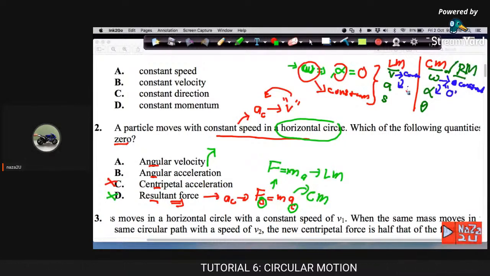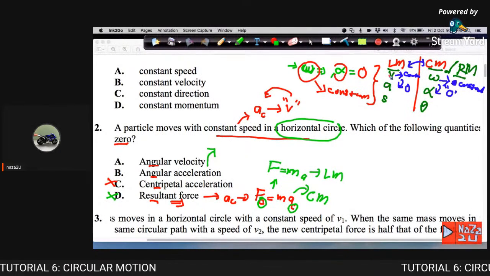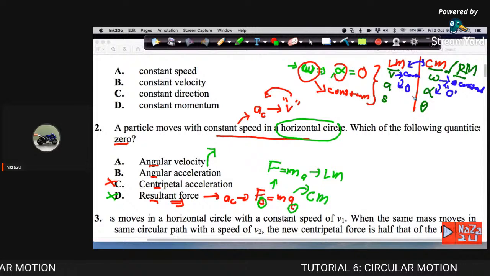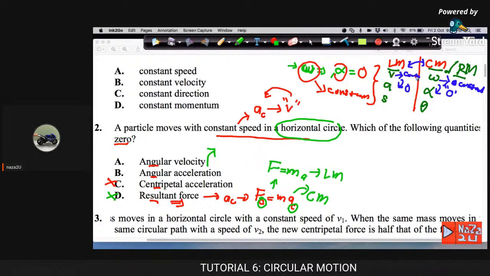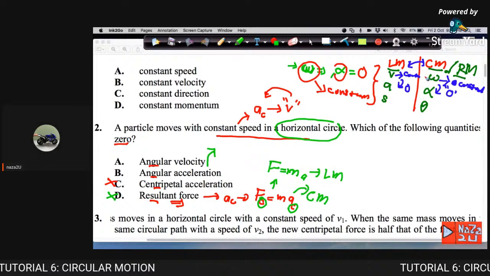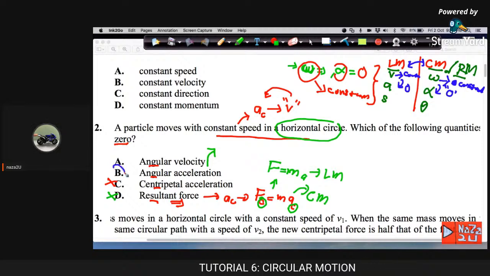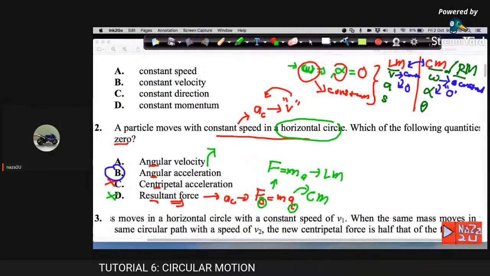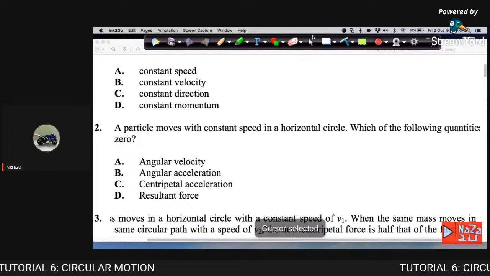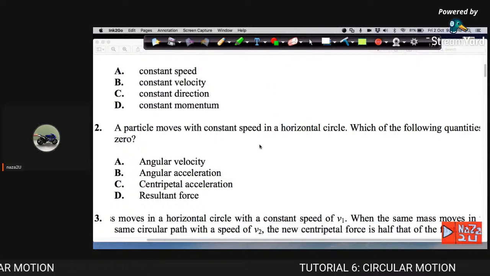So you can refer to the linear motion and circular motion. Dia cuma berbeza dari segi dia punya simbol dan bagaimana diterangkan. This is V for linear motion, but omega for circular motion. Okay, so the answer to number 2 is B, angular acceleration. Okay, so we continue to number 3.